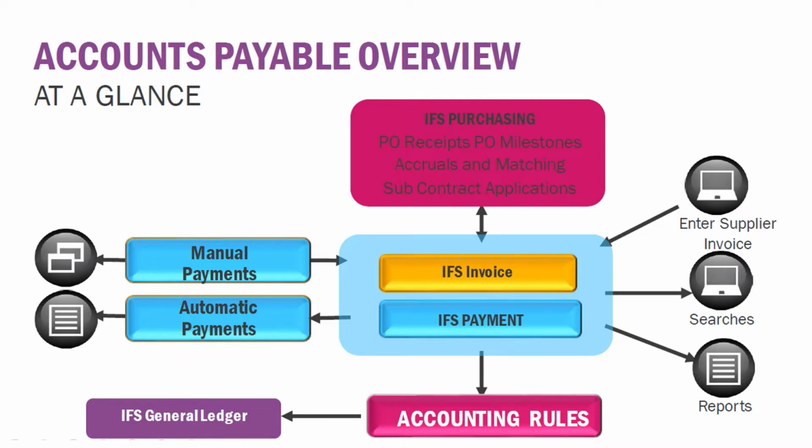There are two ways of payment: one is manual payment, one is automatic payment. Automatic payment is nothing but integration with the bank. Once invoice and payments are created, the accounting entry will fire, the voucher will be created, and it will go to the general ledger.